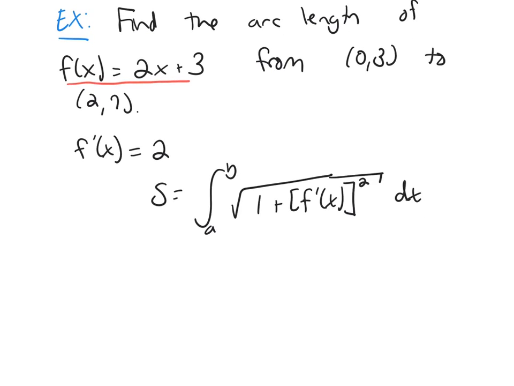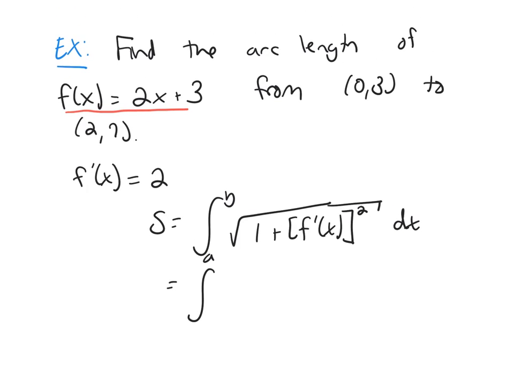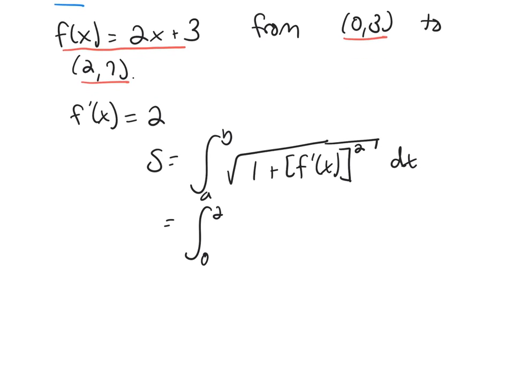So let's plug in. I look at my points. I'm going from the point (0, 3) to the point (2, 7). So my bounds on my integral will be from 0 to 2. The square root of 1 plus 2 squared dx.